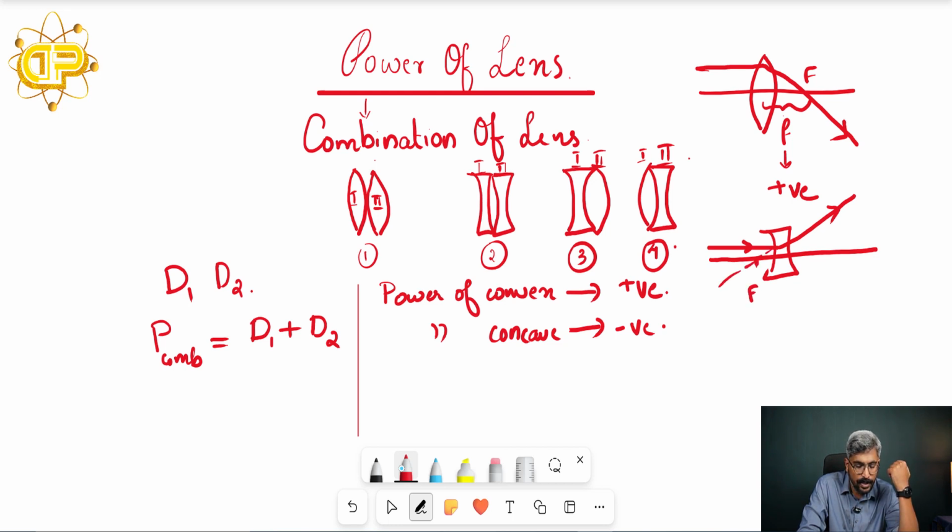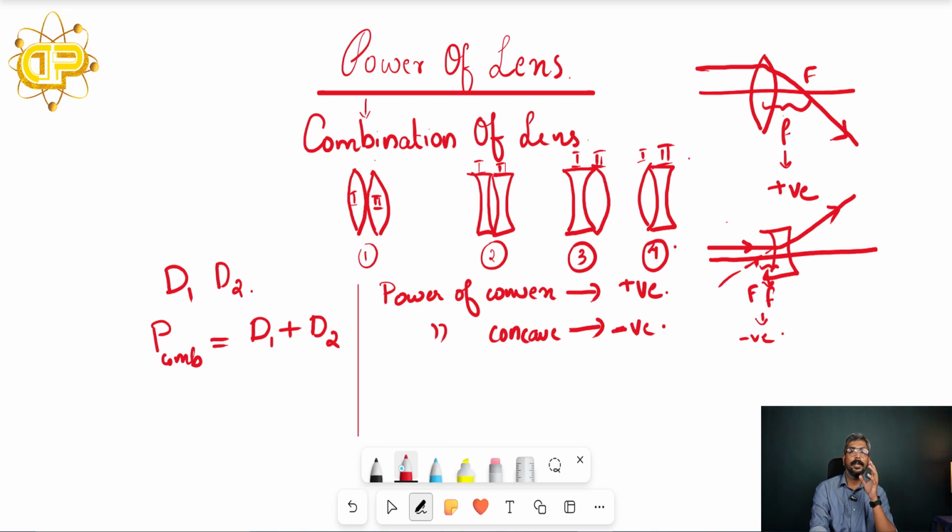This is the principal focus, and the distance between the optical center and the principal focus is known as the focal length. This focal length is in the direction opposite to the incident ray, so the focal length will be negative. Power means the reciprocal of focal length, and the reciprocal of a negative term will always be negative.